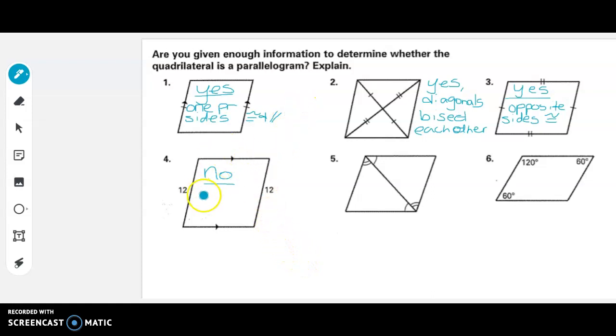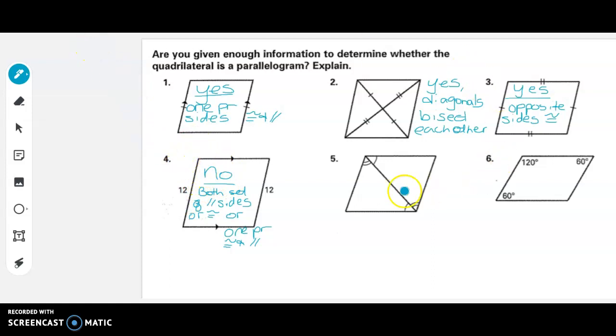We do not have both sets of parallel sides, or both sets of congruent sides, or one pair congruent and parallel. Either I would have to have both sets of parallel, both sets of congruent, or I would need one set parallel and congruent. So that's a no.